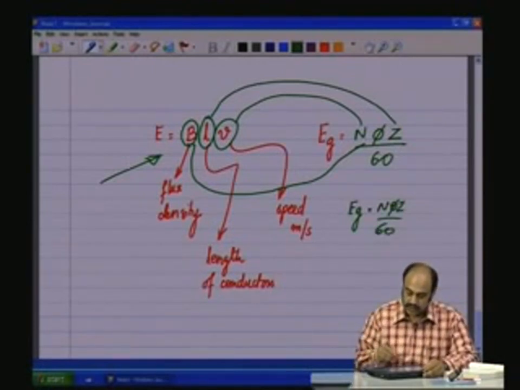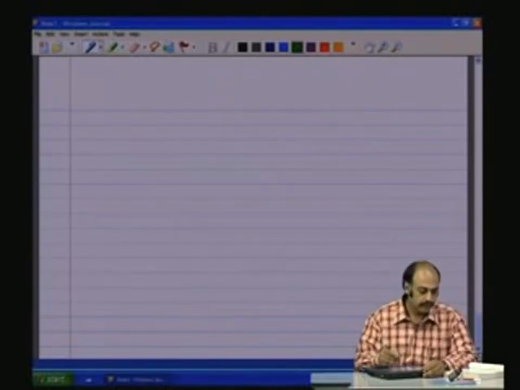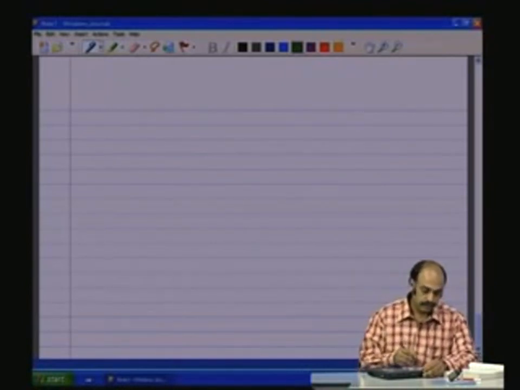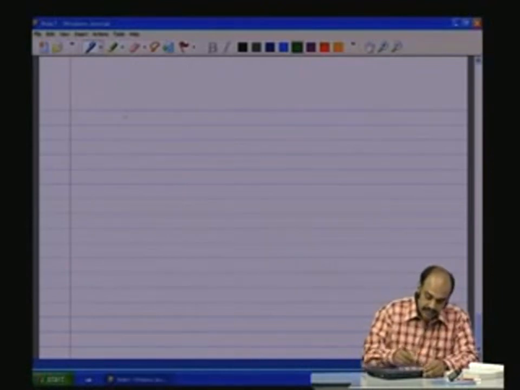Now, let us consolidate this understanding of this equation with a simple example, which will give us a better idea of using the equation. So, let us consider a DC machine whose armature has 6 poles.